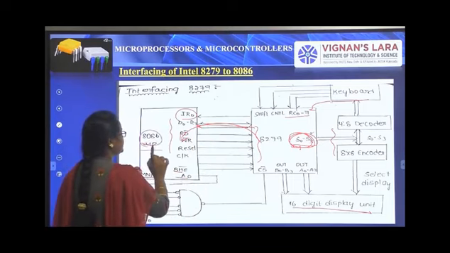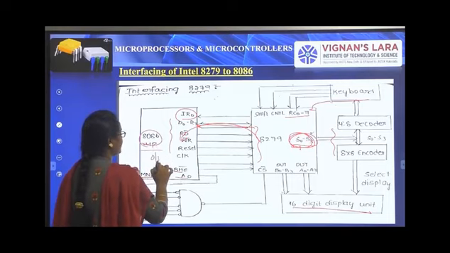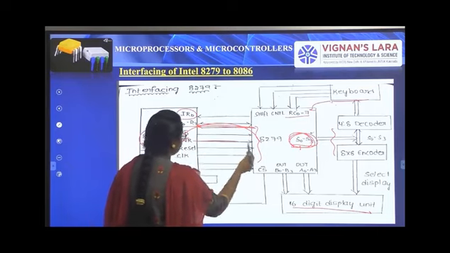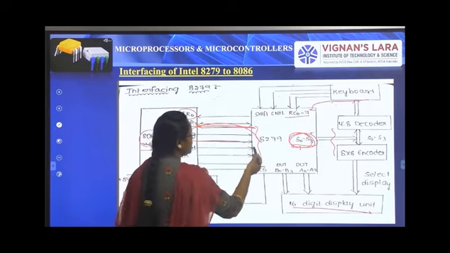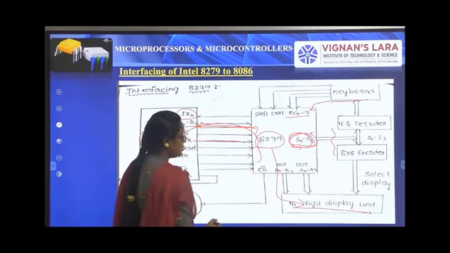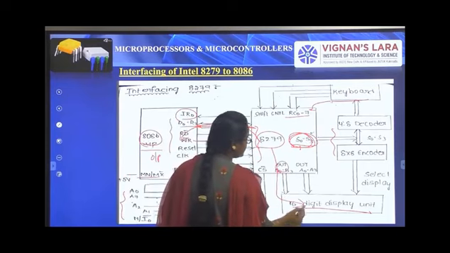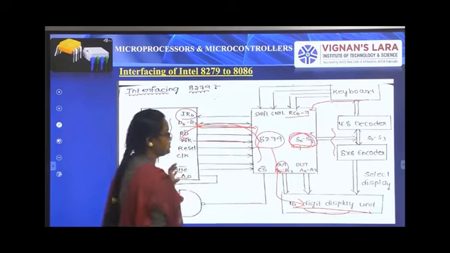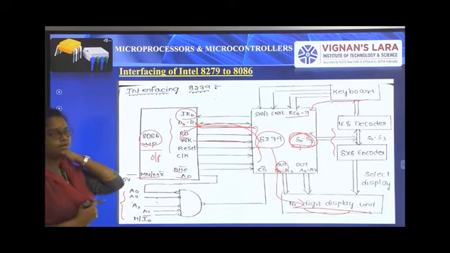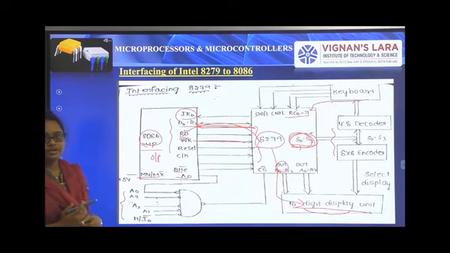The 8086 performs the operation and gives the output by using the data bus, write, reset and so on. Then the 8279 displays the outputs on the display unit. This is the process. So this is the interfacing circuit of the 8086 microprocessor to the 8279 programmable keyboard and display interface.